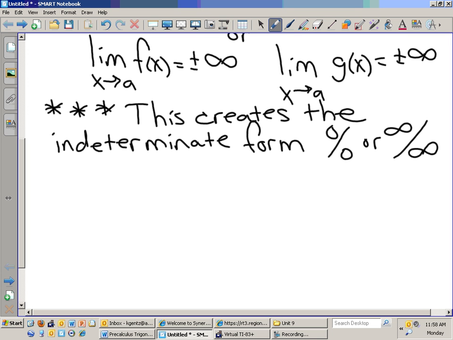This creates the indeterminate form 0 over 0 or infinity over infinity.